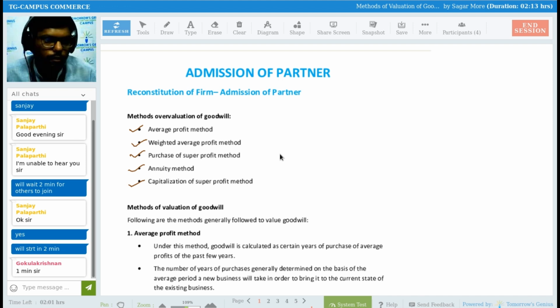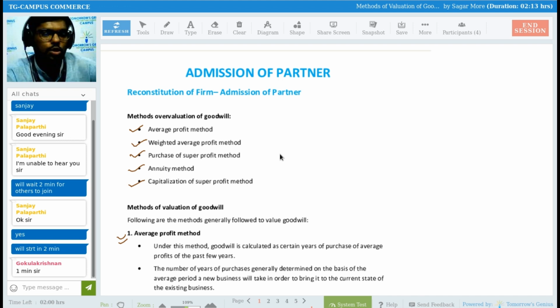Getting it? So what we have to do in the average profit method is simple. In the given question, profits are given to you regarding past years. So all those profits we have to add, divide by the number of years, and we get the average profit. So the average profit is a base, multiplied by the number of years of purchase. What I'm talking about here is the goodwill formula for the average profit method.